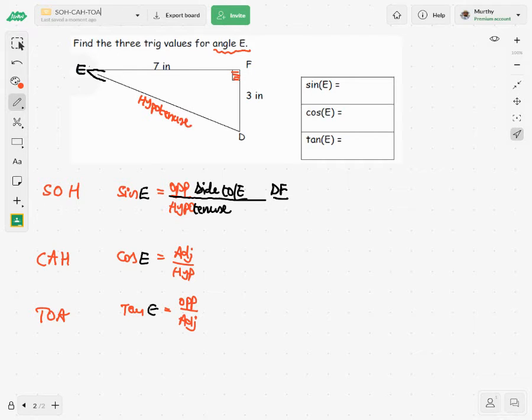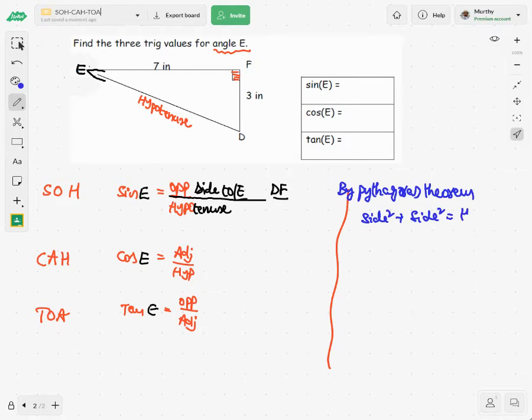Like the previous question, I don't see the hypotenuse value here. Therefore, we may have to compute this one separately. By Pythagoras theorem, side square plus side square equals hypotenuse square.